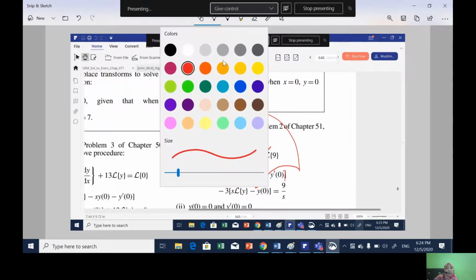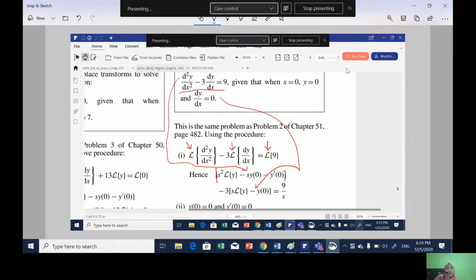Now, similar to the previous example, initial values are given: x is 0, y is 0, and dy/dx is 0. So this can be simplified. When x is 0, y is 0. The dy/dx means y prime, so this part will remain 0 also. Therefore, we have this part left.